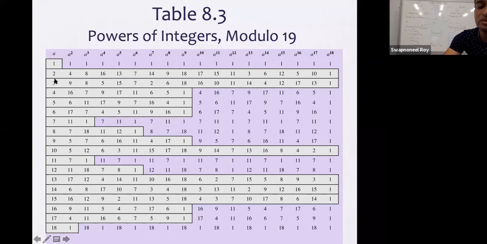The powers of 2, 3, 10, 13, 14, and 15, when performed modulo 19, produced all 18 unique integers that can be produced from modulo division by 19, which is why they are primitive roots of the prime 19.